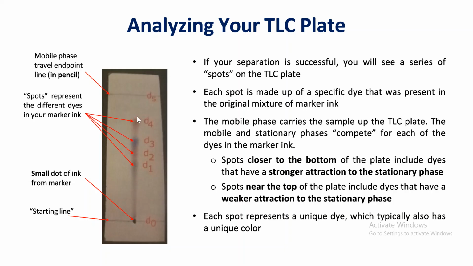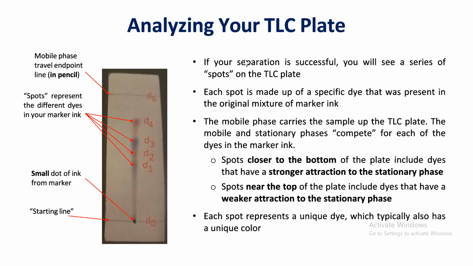When you see several spots, that means we had a mixture. So that means it was not pure. So 4 spots means we have 4 different dyes that were present in the initial dye. And again, at D0, this is the initial distance where we put a small dot of ink from the marker. And again, this is the starting line.